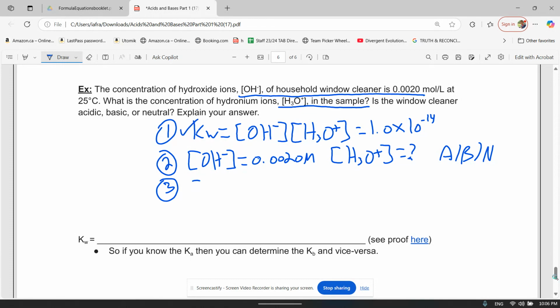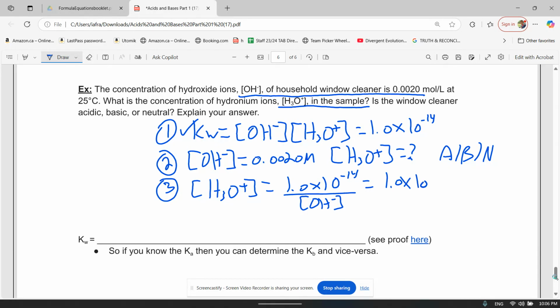The concentration of H3O plus is going to be equal to 1.0 times 10 to the negative 14 divided by the concentration of OH minus. And so that's going to give us 1.0 times 10 to the power of negative 14 divided by the OH minus, which is 0.0020 molar.